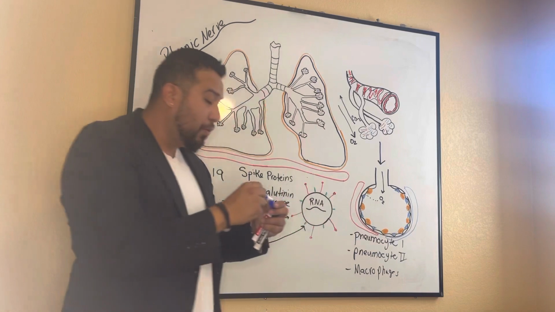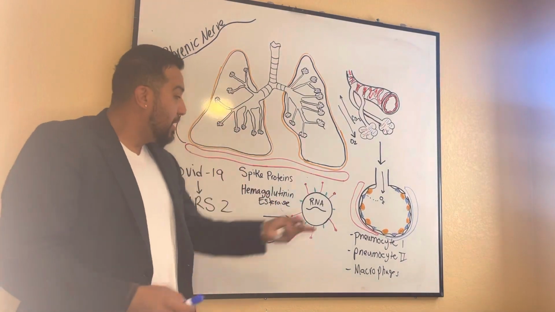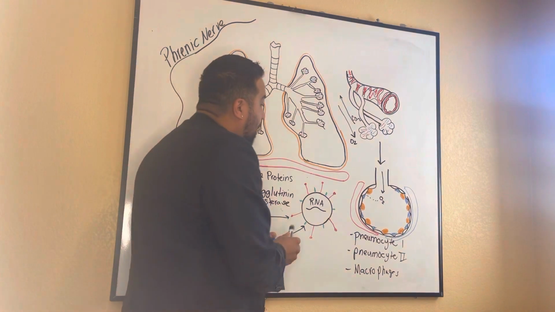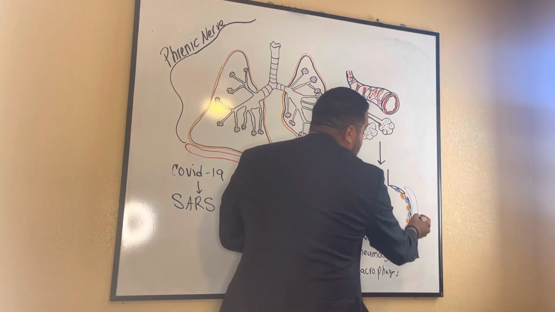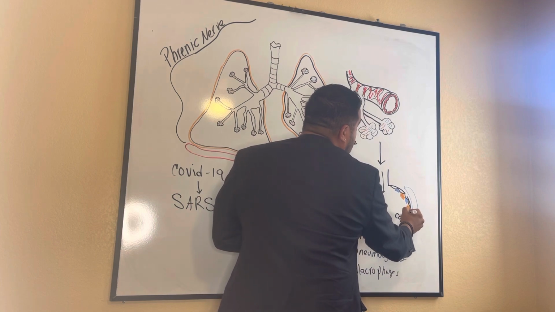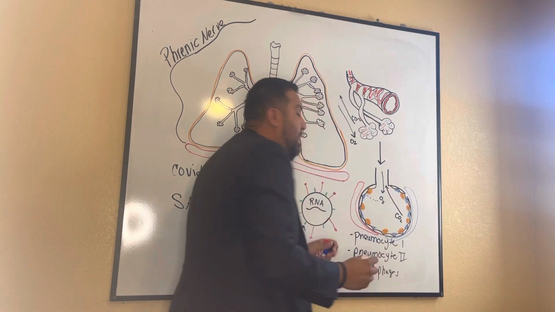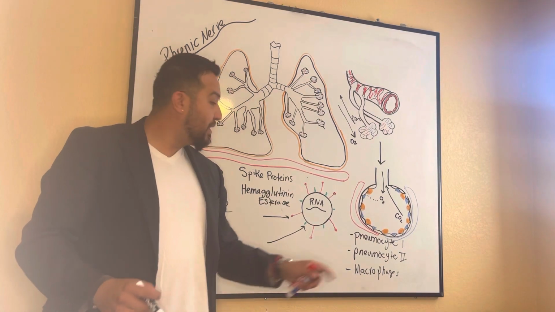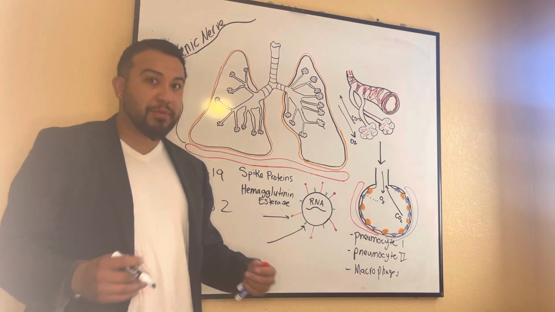So your pneumocyte 1 cells, the epithelial cells, allow for this gas exchange to occur, the oxygen to go in, and the carbon dioxide to be delivered from the bloodstream into the alveoli, so it can be expelled, so we can breathe it out. And that's what we call gas exchange. That's what the pneumocyte 1 cells are supposed to do.